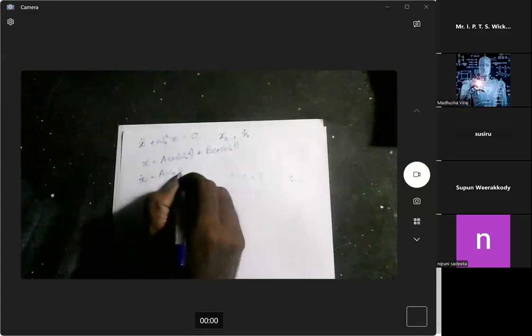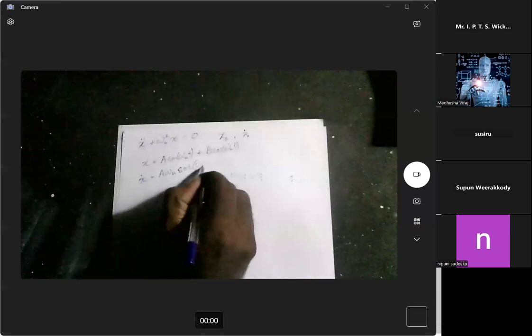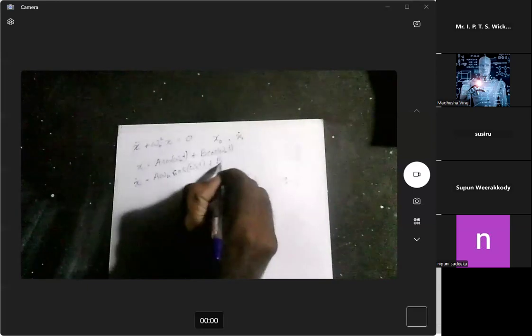It is cos. Cos omega n t plus B, again the same thing, omega n, and this time differentiation of cos is minus sine.